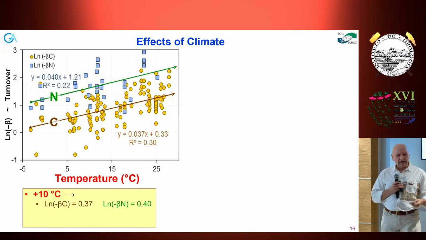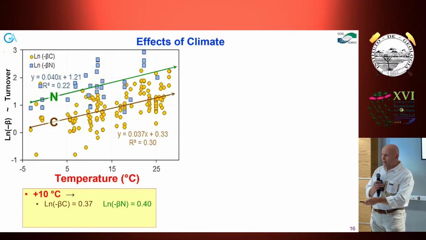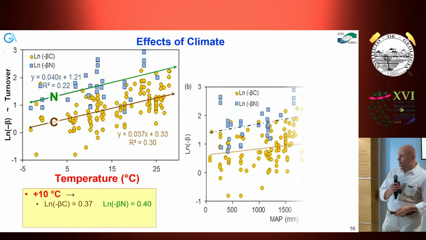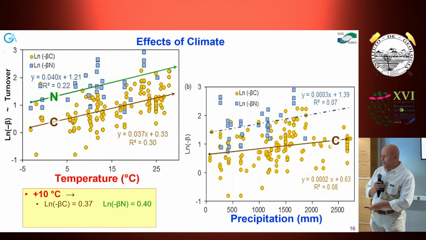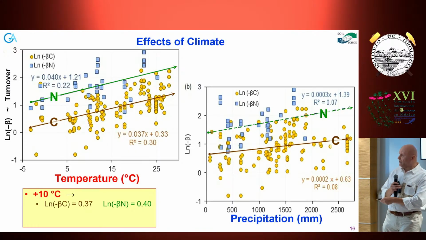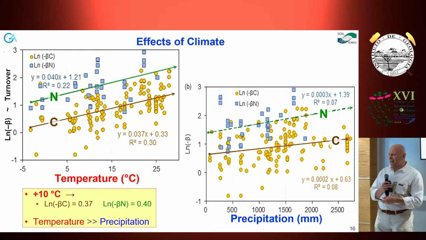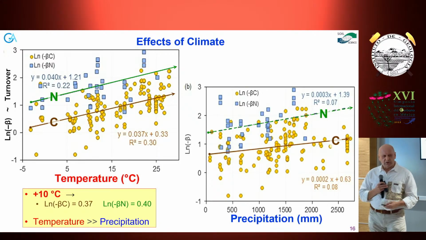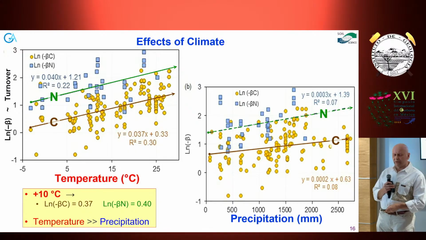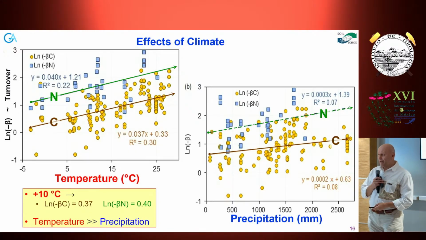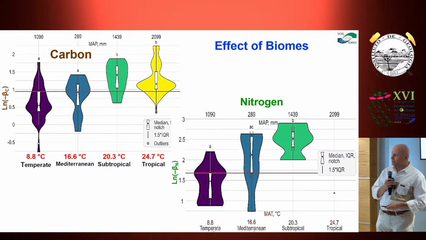It means nitrogen turnover is faster, but the increase with temperature is nearly the same. If we look, however, at mean annual precipitation, then the inclination is much less, and for nitrogen it's actually not significant. It means that the effect of temperature on the turnover of carbon in soil is much more important than the effect of the precipitation.